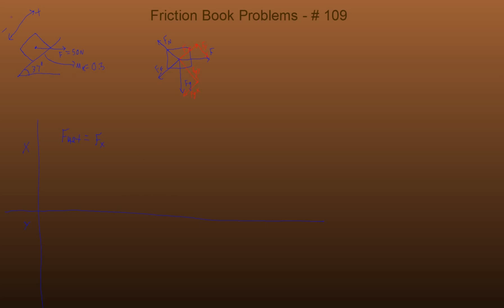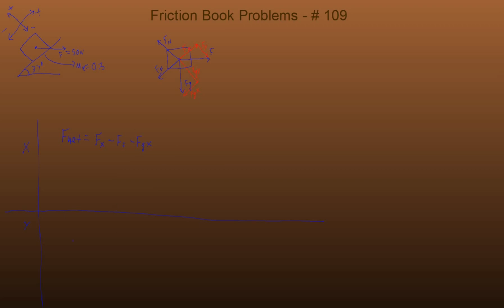Since we're doing two dimensions, why don't I just define the direction this way too. There we go. Alright, so Fx positive, Ff is negative, and Fgx is also negative in the x direction.